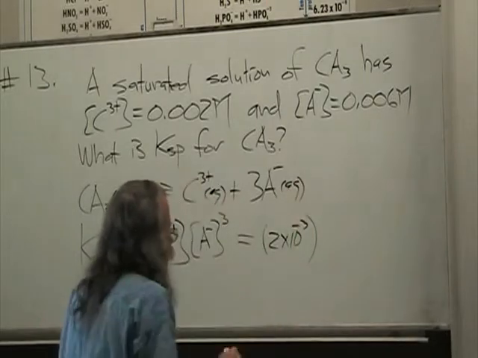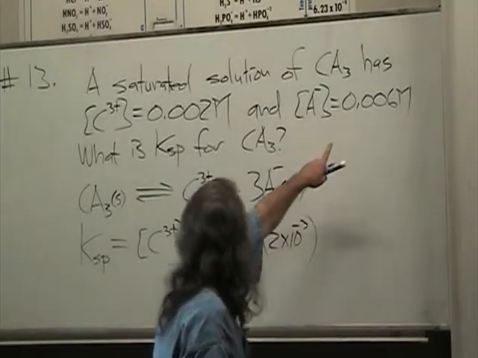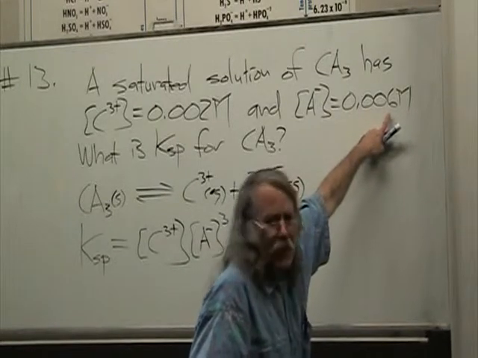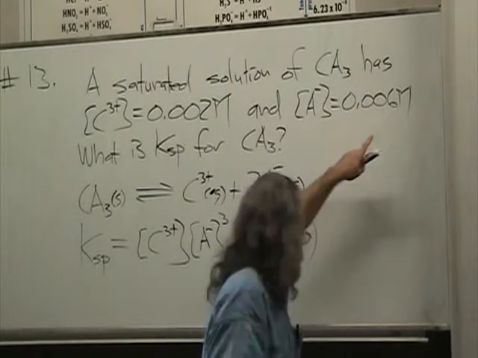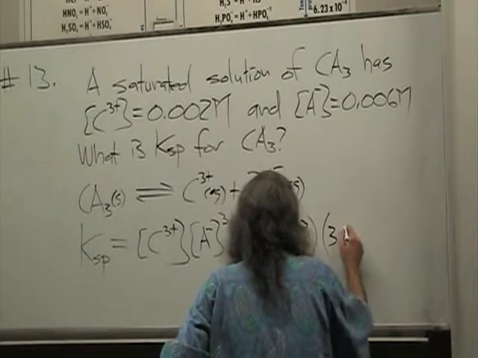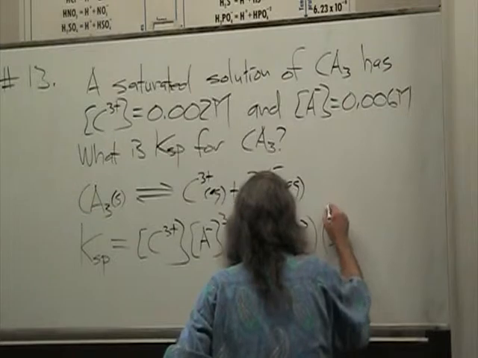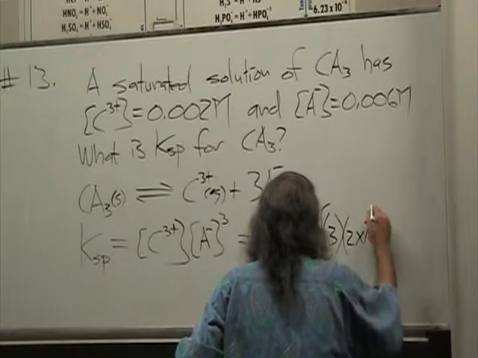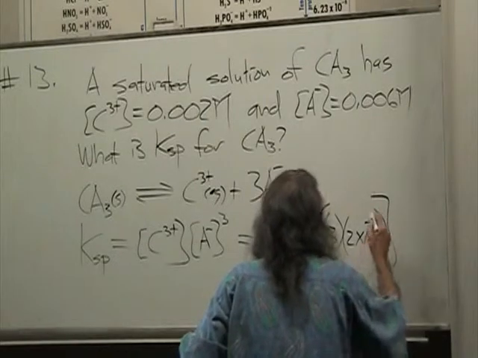And I'm going to rewrite this as 3 times 2 times 10 to the negative 3, and that is cubed.